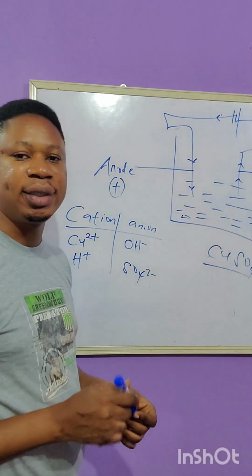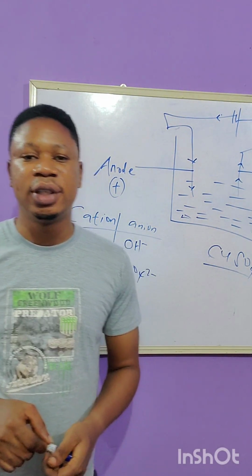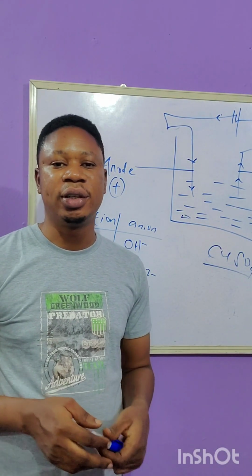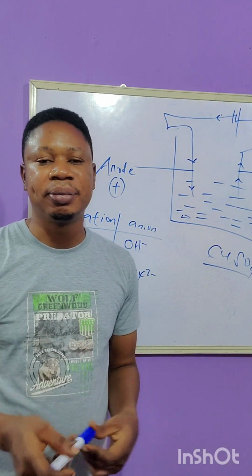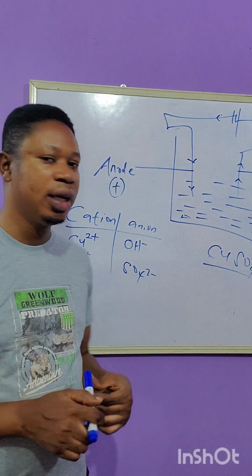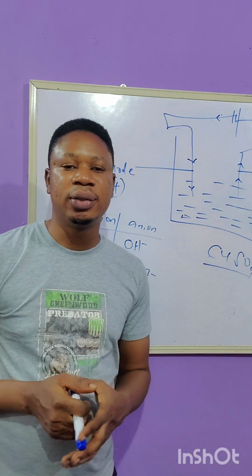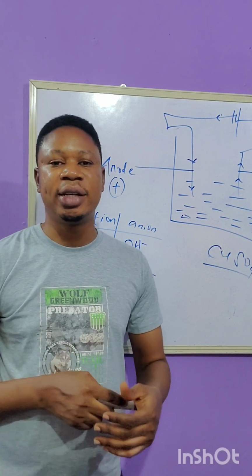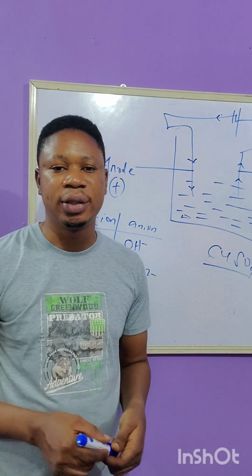So these are the ions that we have when copper sulfate is being decomposed or broken down.